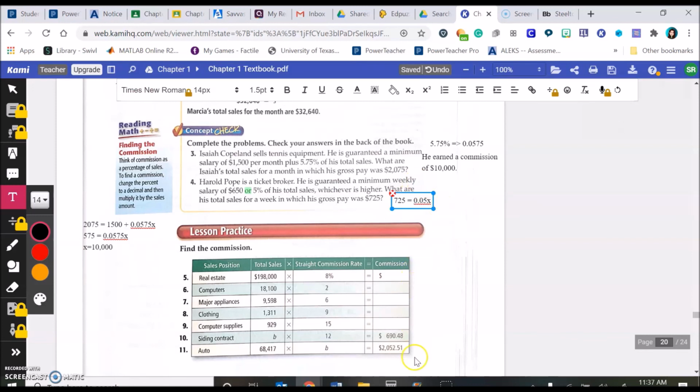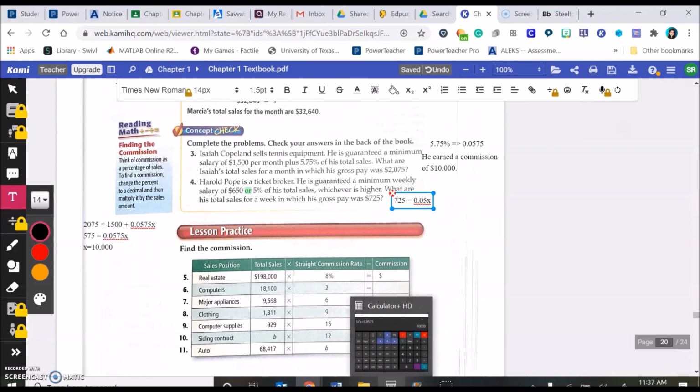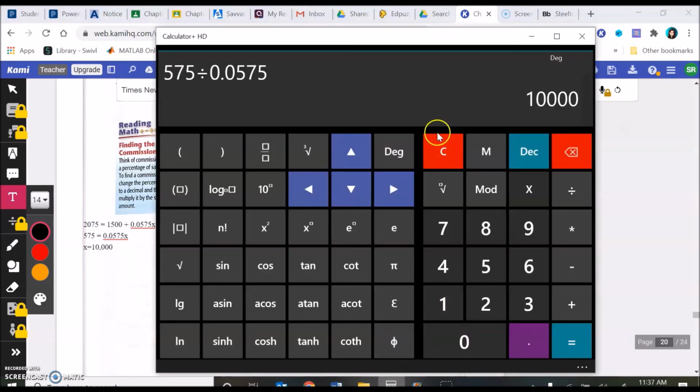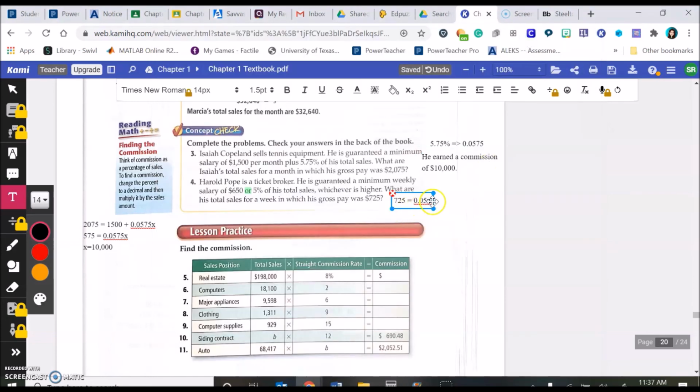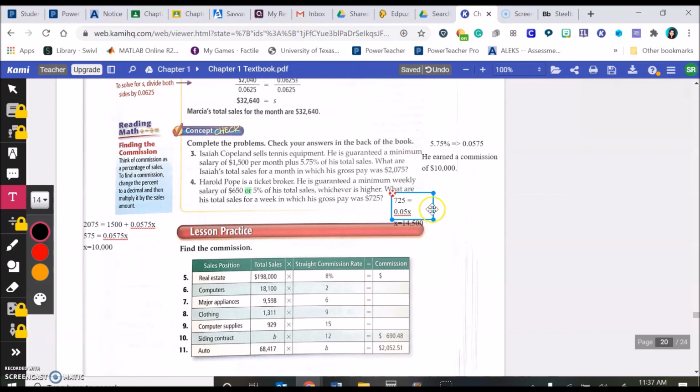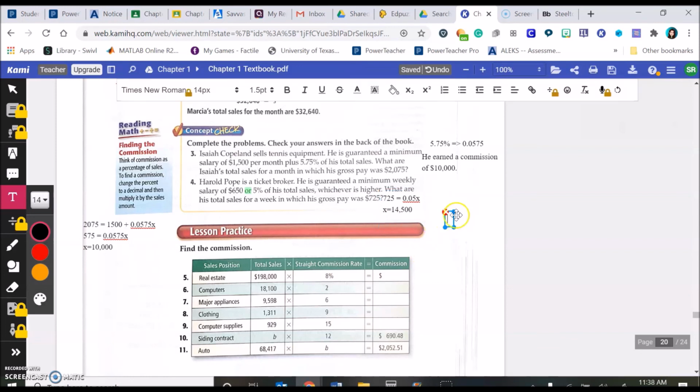Then I divide 725 by 0.05, and I get 14,500. So his total sales were 14,500.